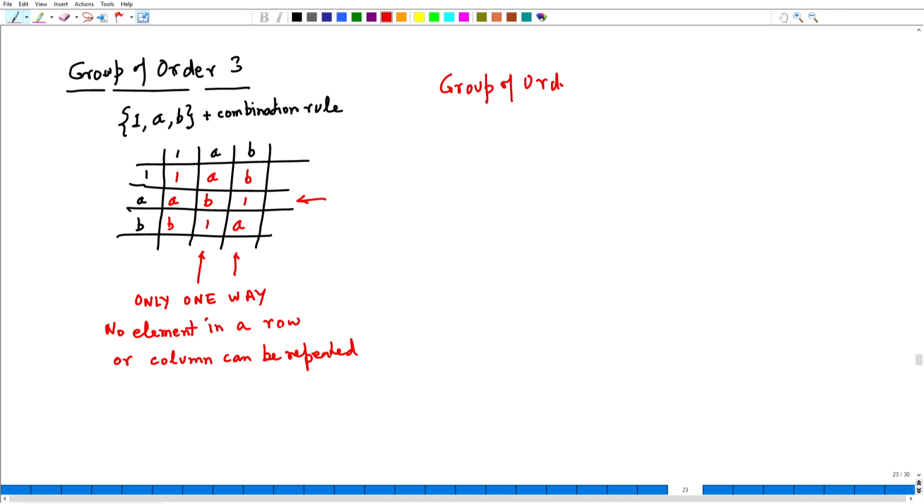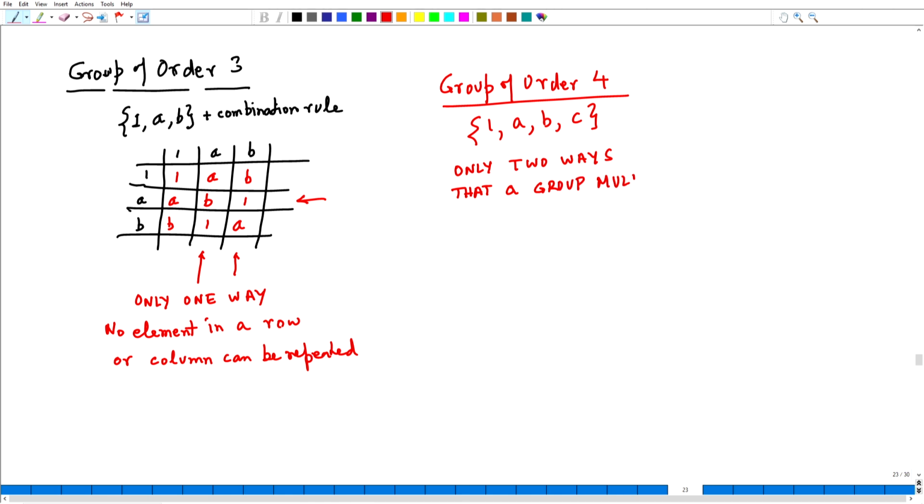of order 4, so I have 4 elements here. Now, there are only two ways that a group multiplication table can be filled.